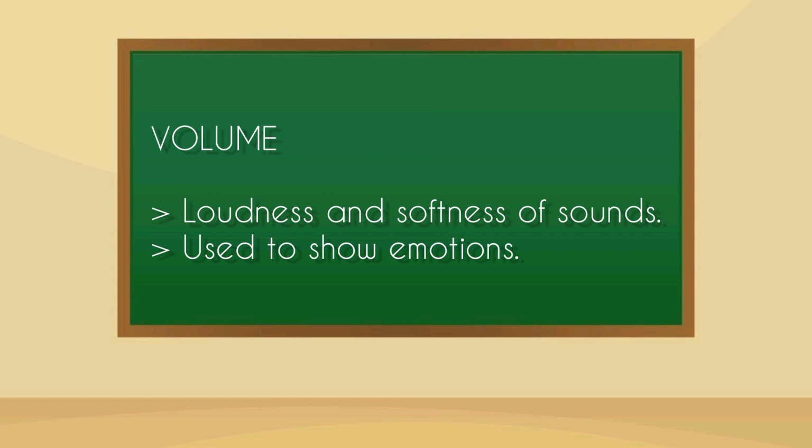It is in this factor or feature that you're able to tell whether the person whom you are listening to is speaking aggressively or in an angry manner or in a sad or depressed manner. That is what we call volume, the loudness and softness of a sound.